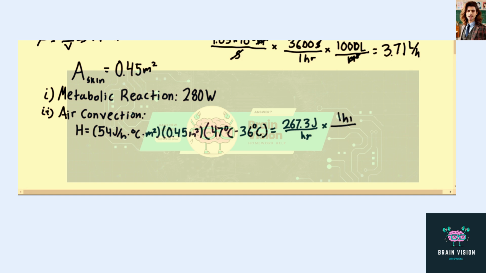So let's go ahead and multiply that by 1 hour over 3,600 seconds. That works out to be 0.074 watts. So that's actually less than if the person were wearing a bathing suit.